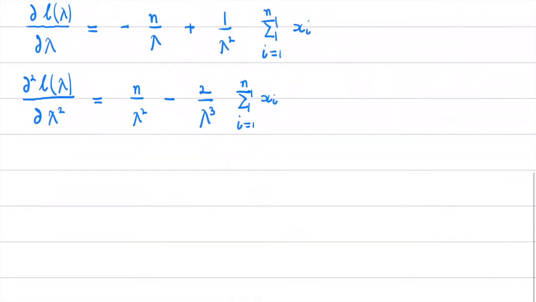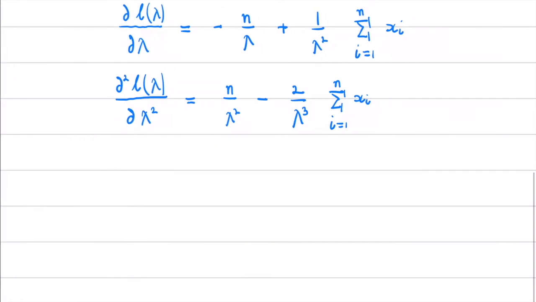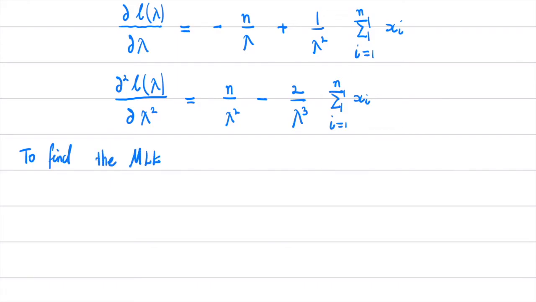Alright, so we found the first and second derivative. So to actually find the maximum likelihood estimate, the MLE of lambda, which we will label lambda hat, we have to solve the following equation.